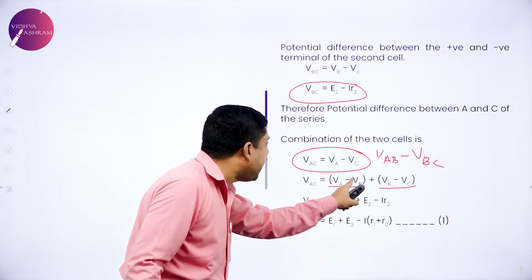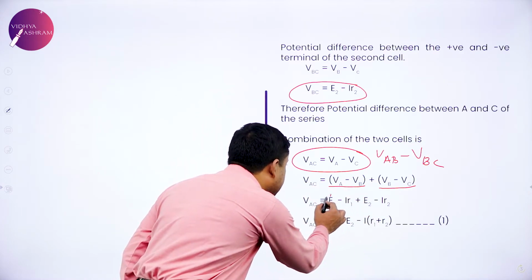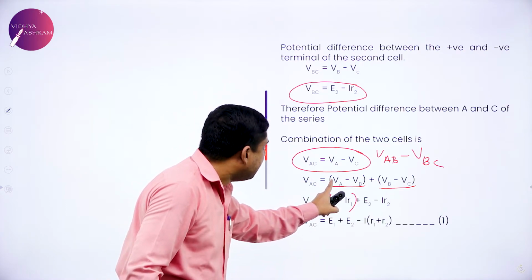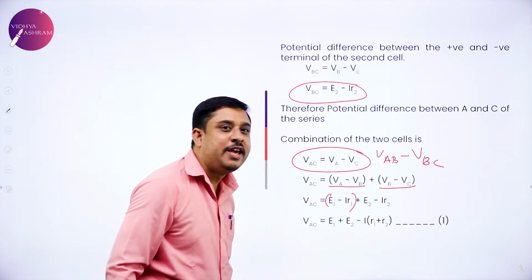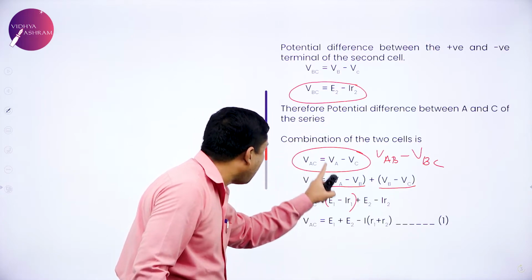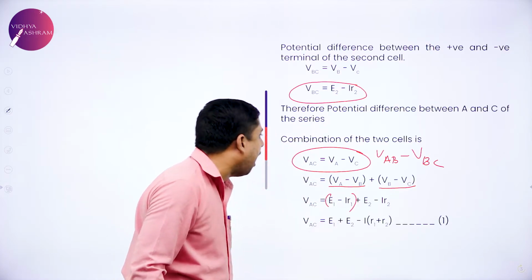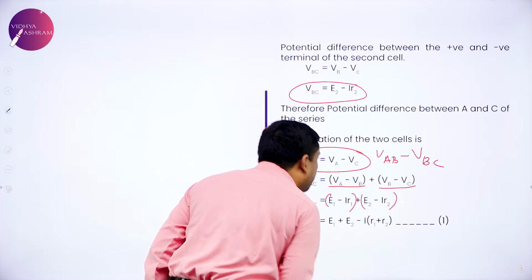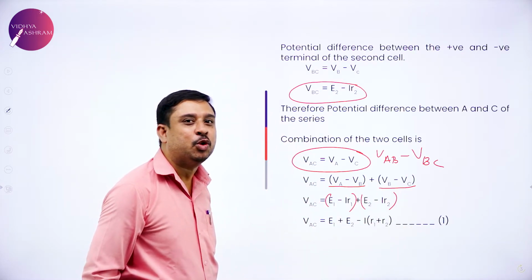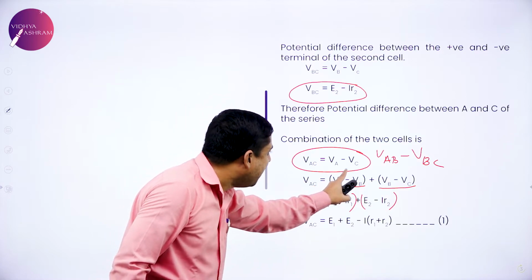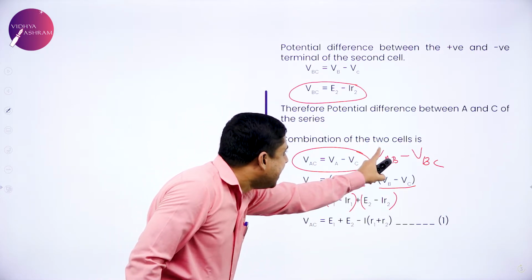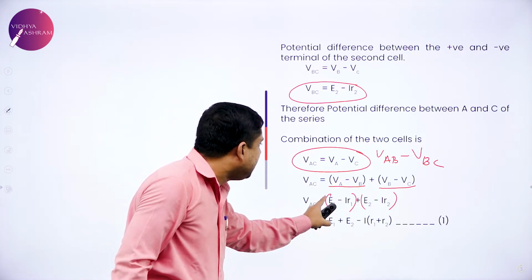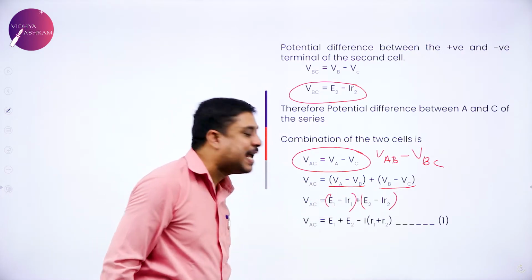I know VA minus VB is E1 minus I r1. VBC is E2 minus I r2. VA minus VB is nothing but VAB, which is E1 minus I r1.